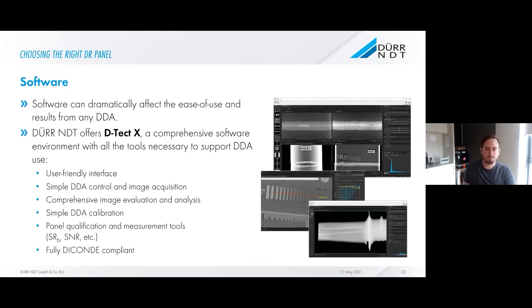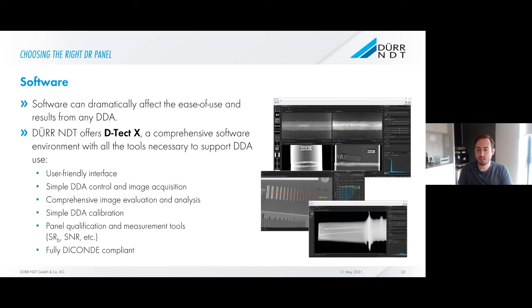Okay, a very important one, I would say, is the software, because DDA does require calibration, and it makes it a lot more user-friendly if the calibration process is easy.